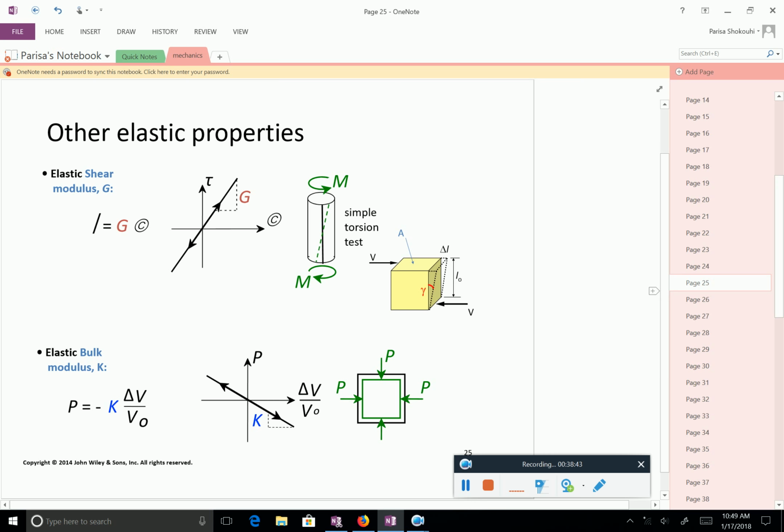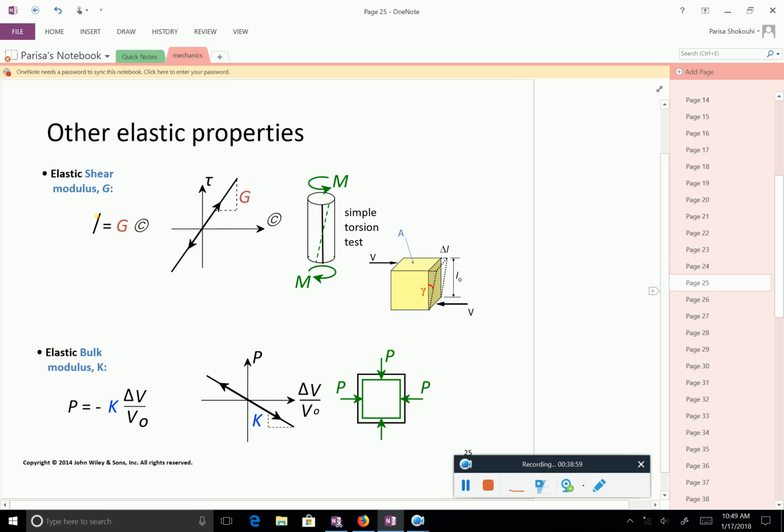So, we could use elastic modulus and Poisson's ratio, but we can also use, let's say, elastic modulus and shear modulus.